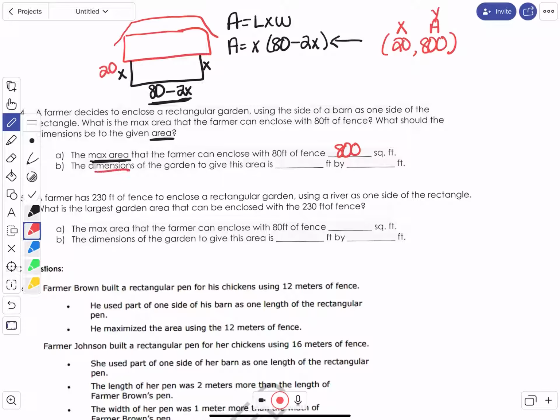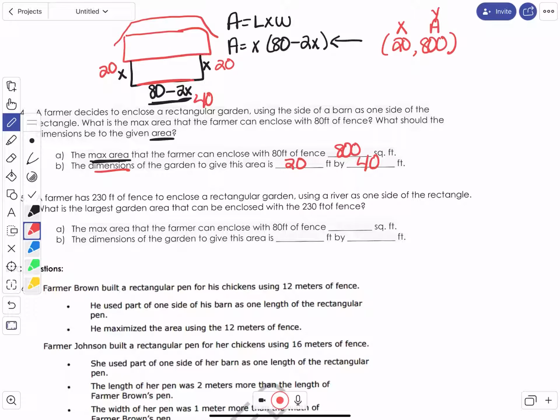The dimensions of the garden to give this area was 20 feet. And if we want to figure out what the length is, well, this side is 20. We need to figure out what this side is. So this is 20, this is 20. So that's a total of 40. And 80 minus 40 is 40. And there's the dimensions of our garden.